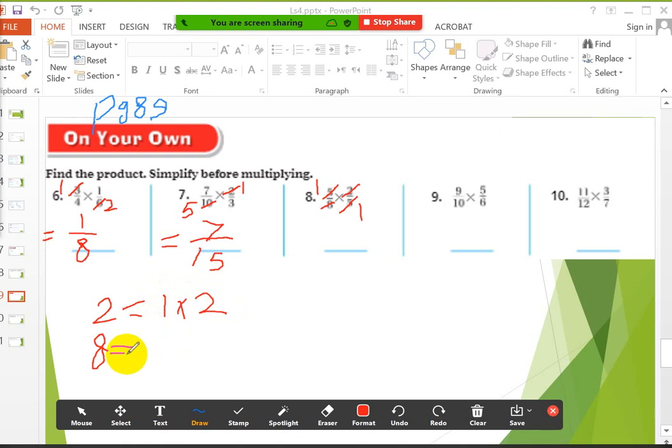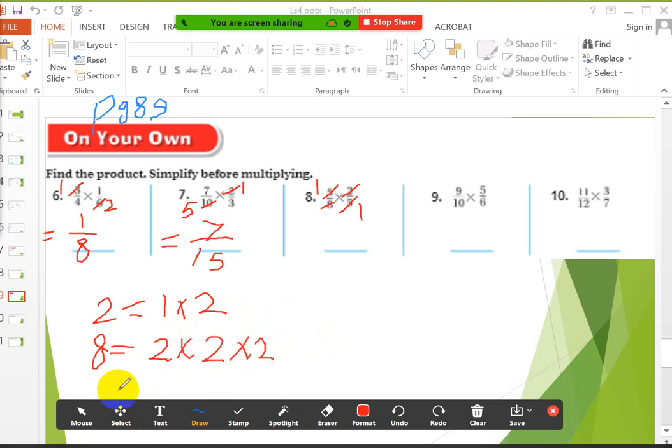And what are the factors for 8? 4 times 2. No, the factors. Yes, 2 multiply 4, and you have to break 4 into 2 multiply 2.